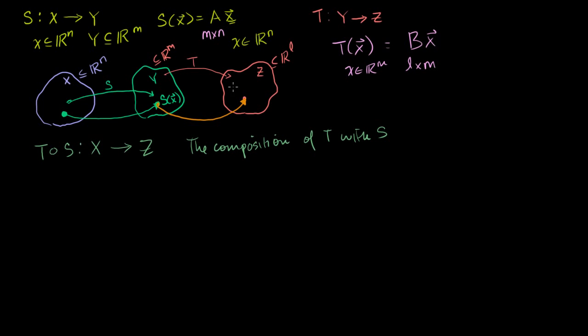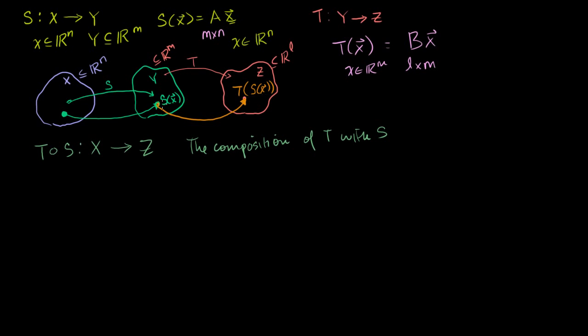So this would be the linear transformation T applied to this member of the set Y, which is in Rm. We're just going to apply that transformation to this value, which was the transformation S applied to x.